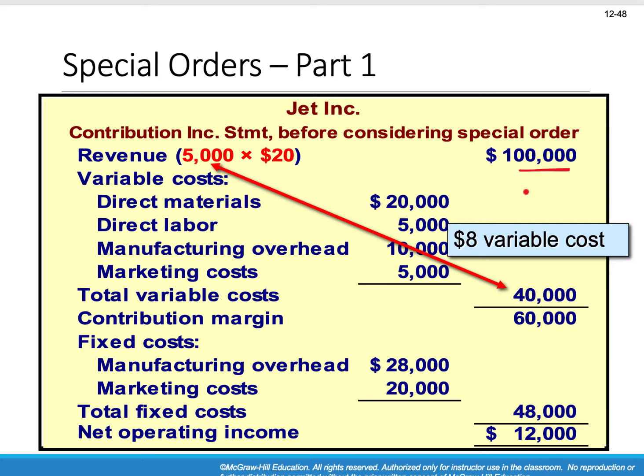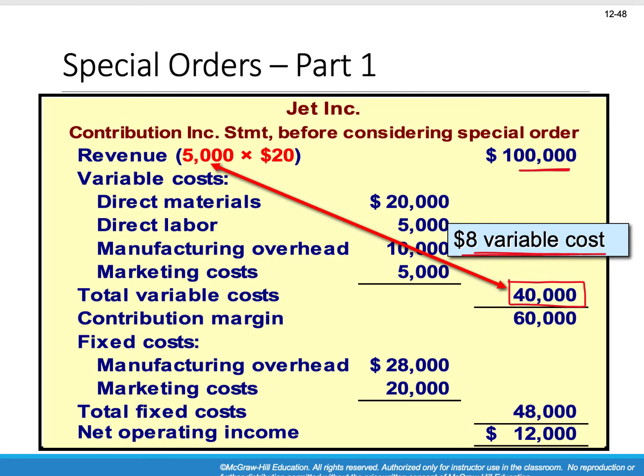Okay, great. Our variable cost per unit ends up being $8. Okay, how did we get that? Well, our total variable cost is $40,000. If we divide that by our 5,000 units, we get a variable cost of $8 per unit. Okay, so that's good. We know what our variable cost is.